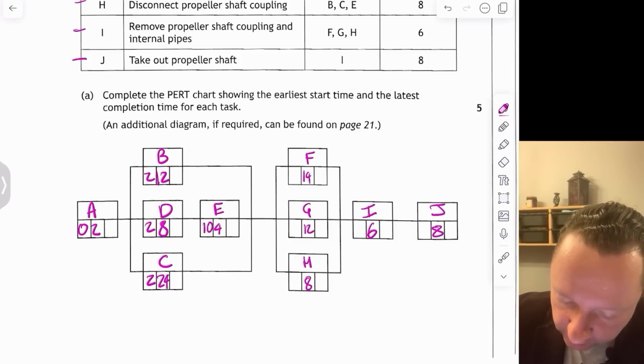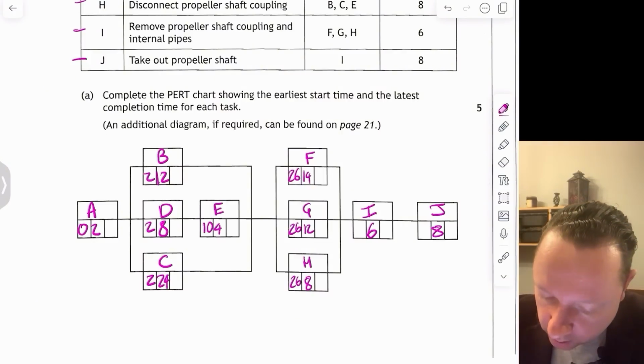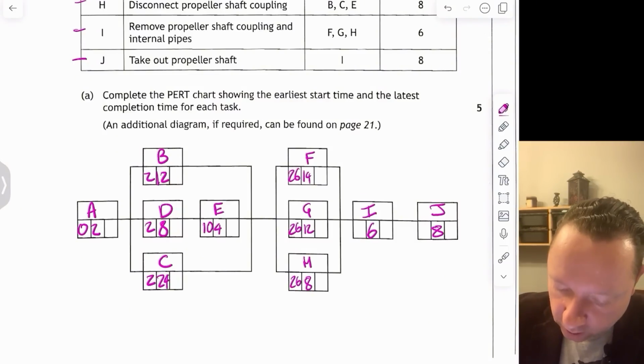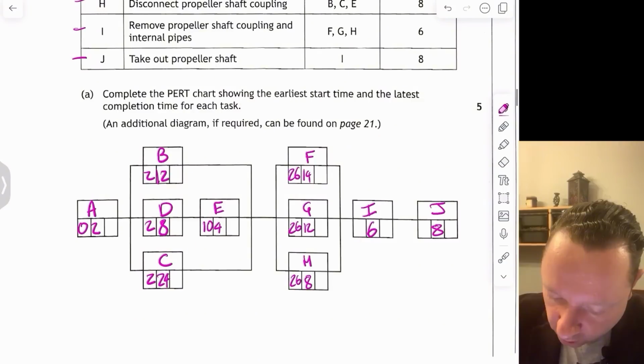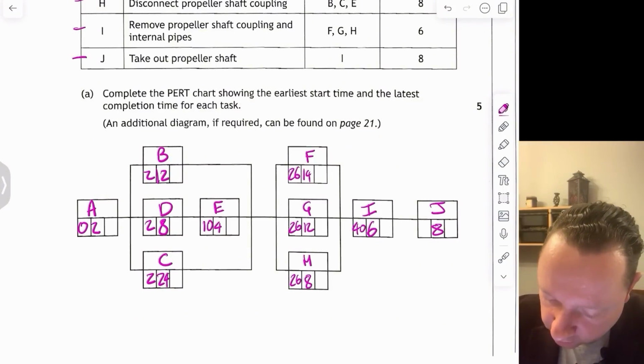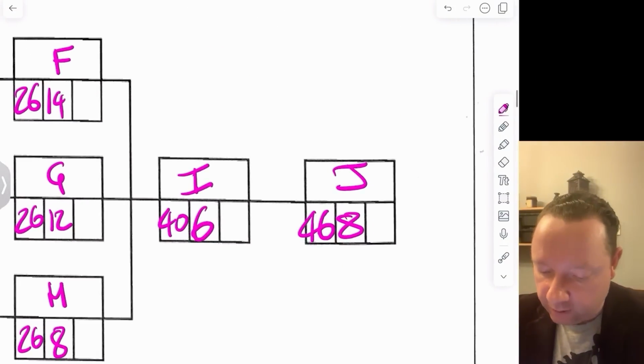So that is 26. 26 and 14 or 12 or 8, well 14 is the longest, so that's 26 and 14 is 40, 40 and 6 is 46, and 46 and 8 is 54.